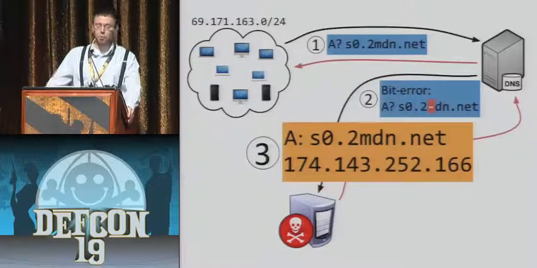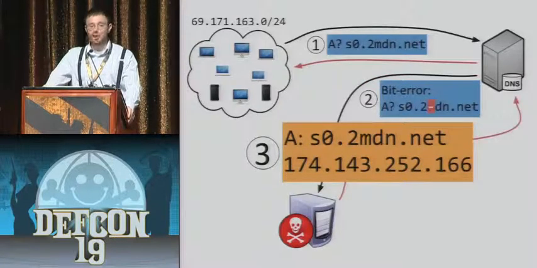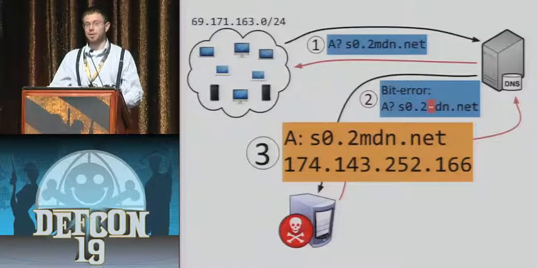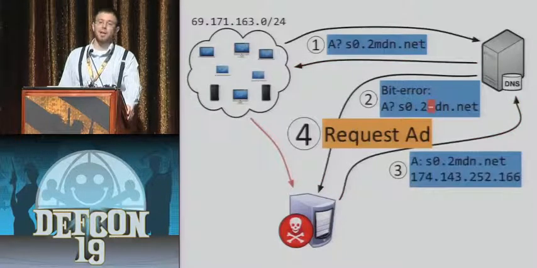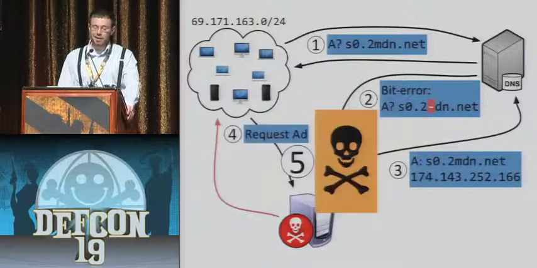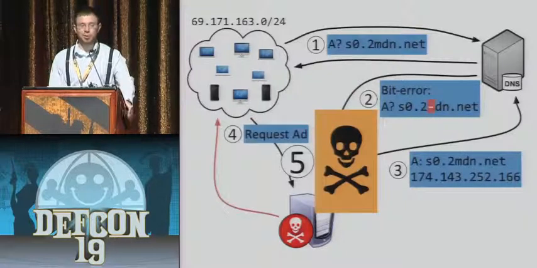If you recall from before, we always send 2 DNS replies. One of the replies we're going to send back is for s0.2mdn.net. This reply is going to, one, get cached in the DNS server, and two, get propagated to the original requestor, who will then request an ad from me instead of from 2mdn, and I will send him a 404, but of course you can be more creative.